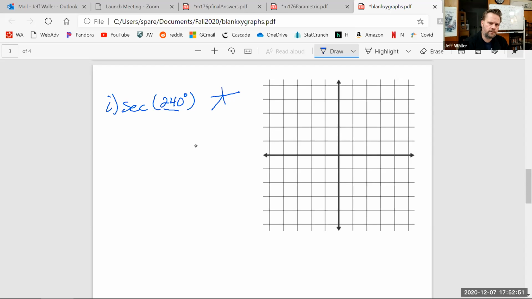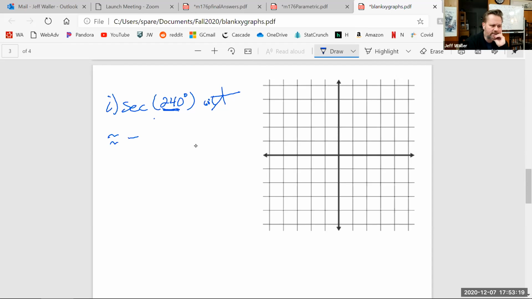Yeah, good. All right, so the reference angle is 60 and it's in quadrant 3 because that's 60 degrees past 180. And of course, secant in that quadrant is going to have what sign? Negative.